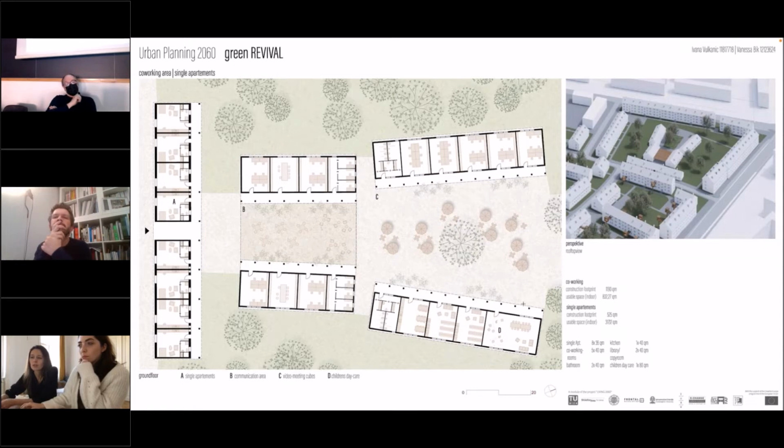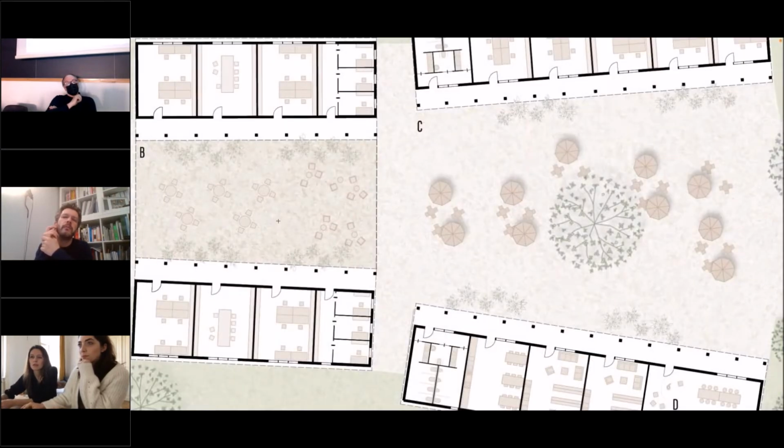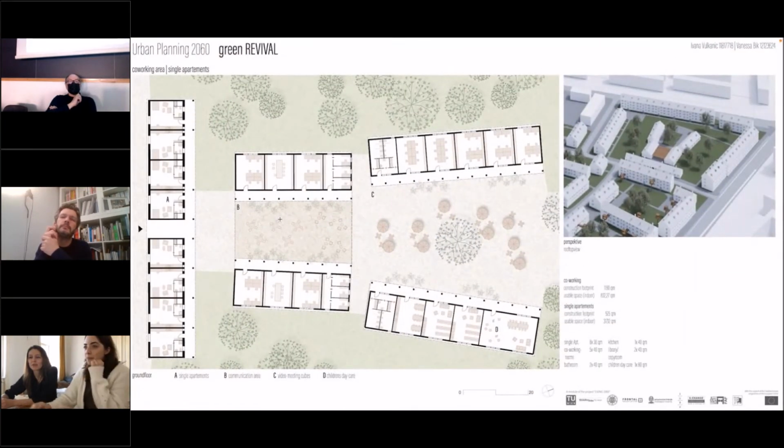In between those two buildings, there's a small park or a place where people can meet. And between another two buildings, it's covered, so we have a roof covering this area. It's also designed for people to work outside in an open place. And that's pretty much it.